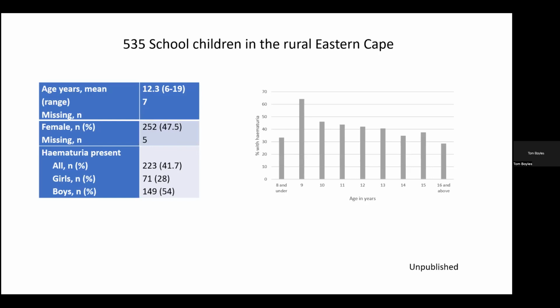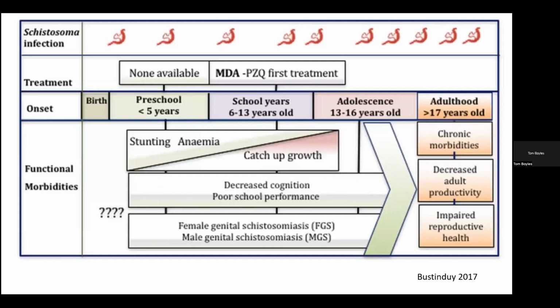You can see it drops off under 12, under 8, and that presumably is also due to less exposure in younger kids. So that's the epidemiology. That's how much schisto we have in the country.